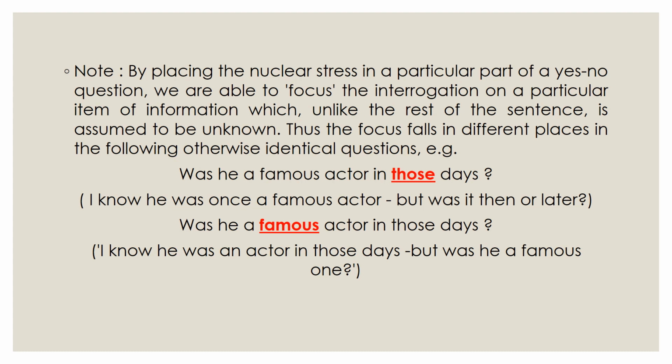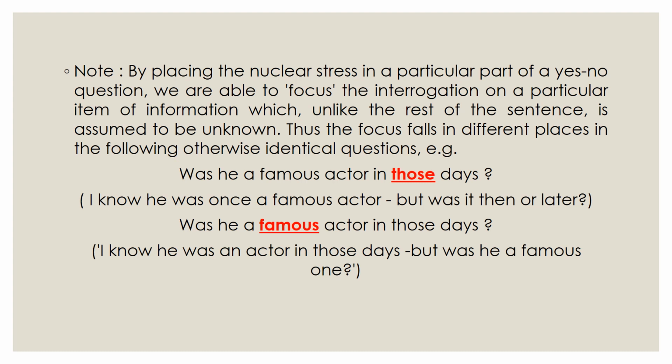He is saying here that by placing the nucleus stress on a particular part of a yes/no question, we are able to focus the interrogation on a particular item of information, which, unlike the rest of the sentence, is assumed to be unknown.